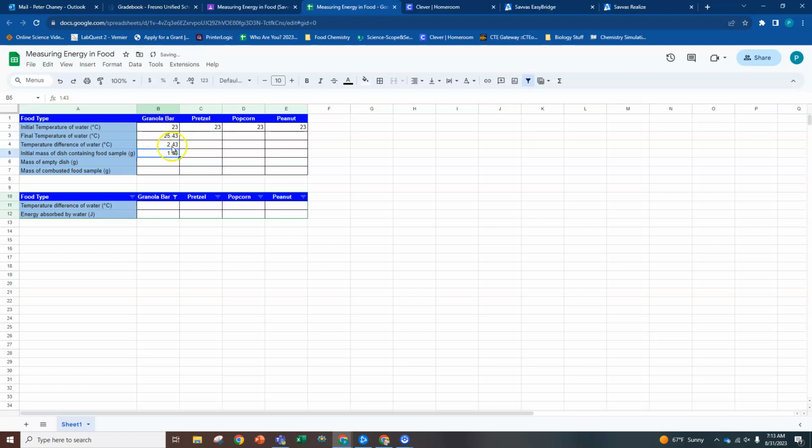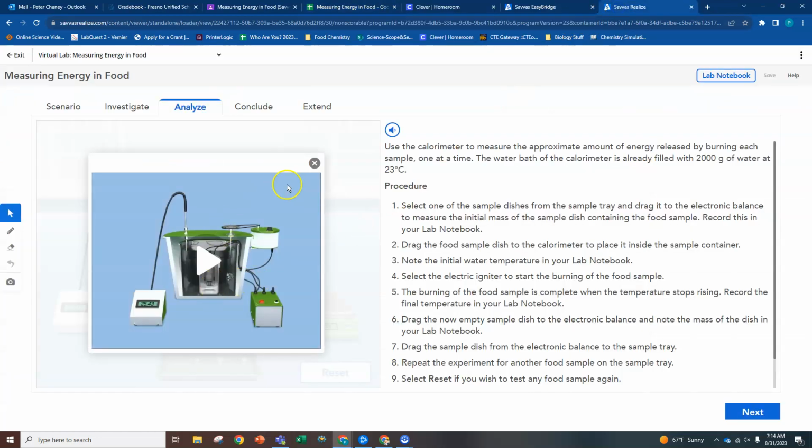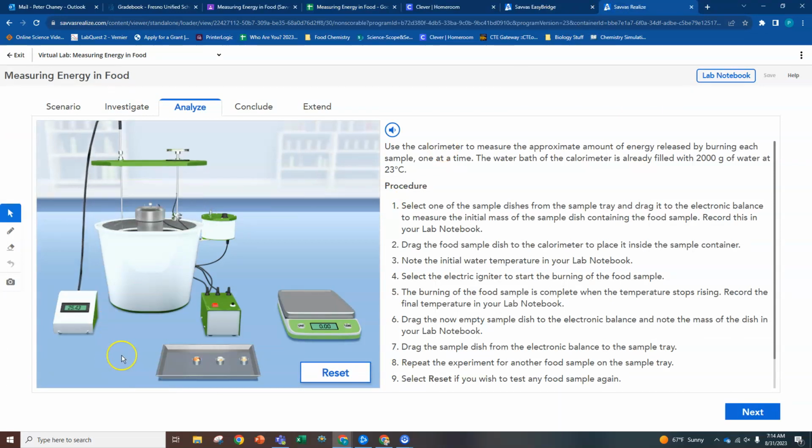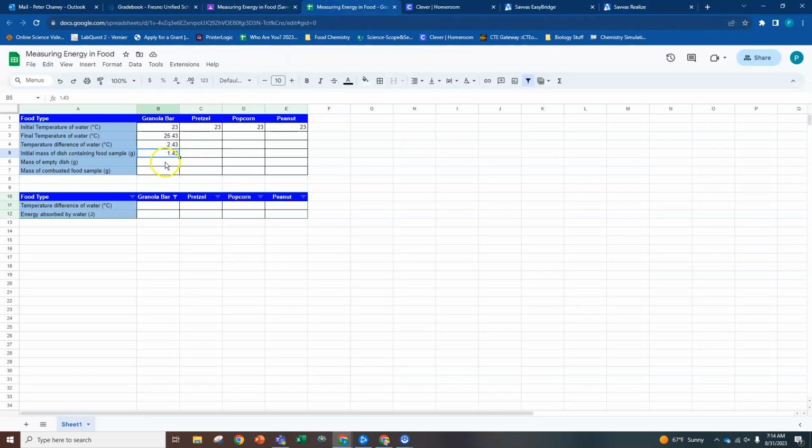We have 2.43. Now we're going to weigh the empty dish, and then we'll know what the mass of the combusted food sample was. We've now got an empty container coming out of the machine, and it's going to make us weigh it over here. We know that the empty dish is 0.40. Over here, 0.40, and once again we need to do some math.